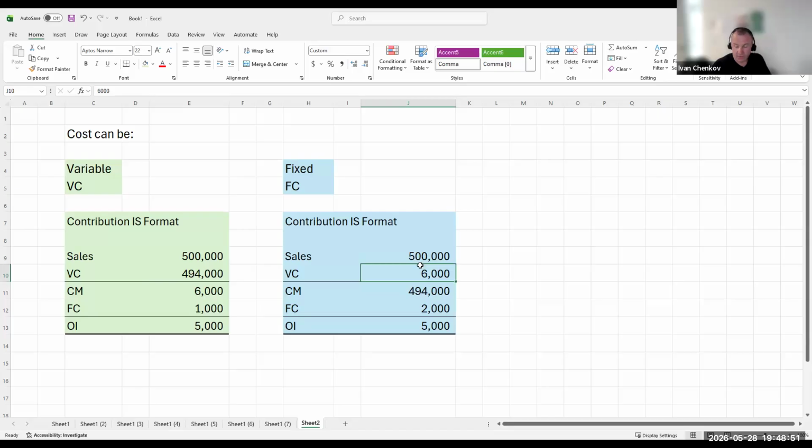So the variable cost is very minimal. Let's go with 2,000, generating a ginormous contribution margin, $498,000. But the fixed cost is the one that makes the difference. So the fixed cost is $493,000. And operating income is $5,000.